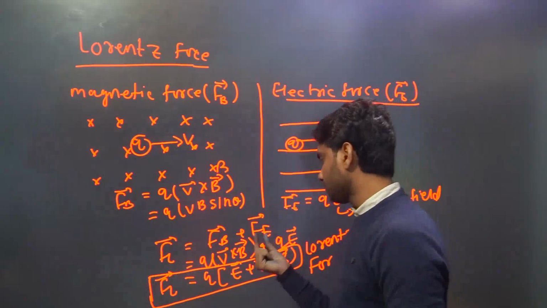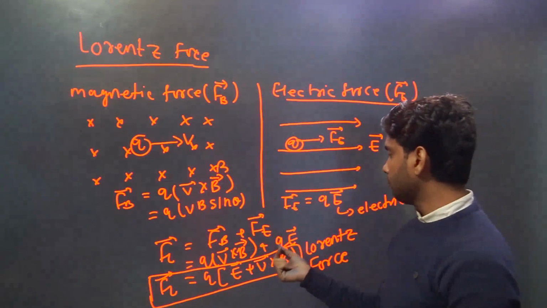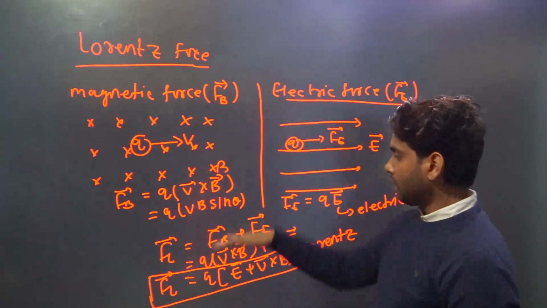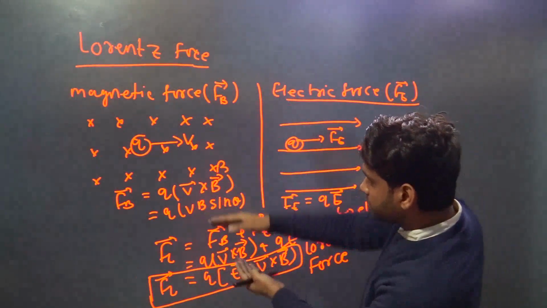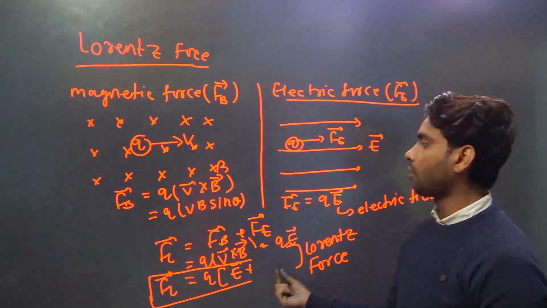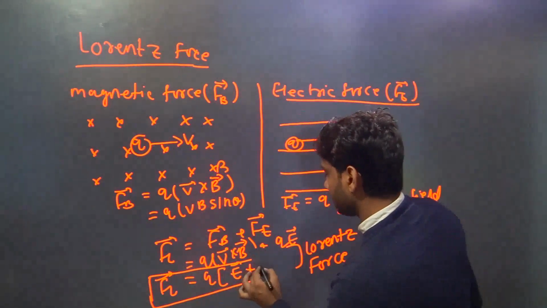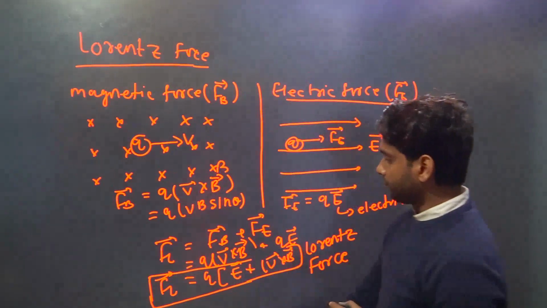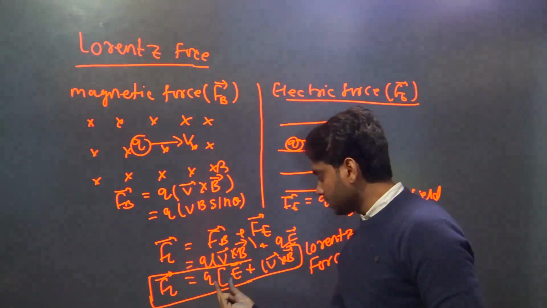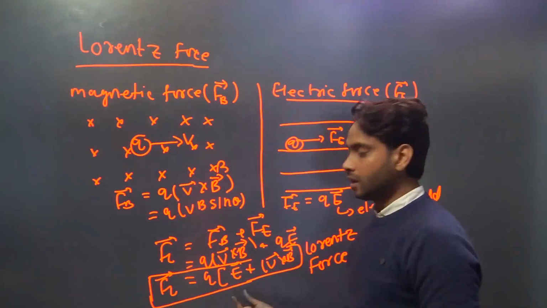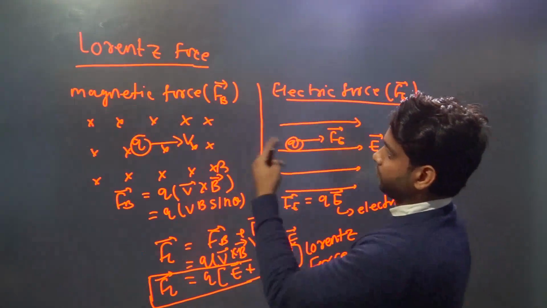And we know that the formula for electric force is Q into E, and for magnetic force is Q V cross B. And whenever we add these terms, we finally get the final expression Q into E plus V cross B. From this formula we see that the first term represents the electric part and the second term represents the magnetic part. This is the Lorentz force.